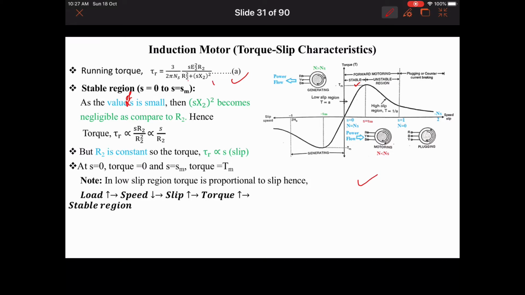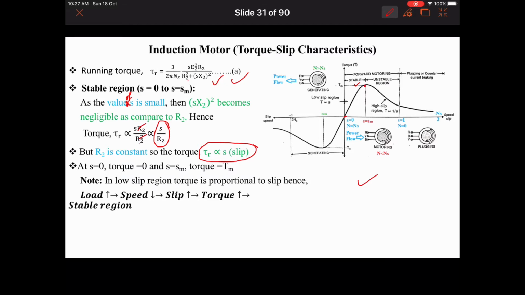Hence, from this equation, torque is proportional to s r2 divided by r2 square, or torque is proportional to s by r2, but r2 is constant, so the torque is proportional to the slip s in the stable region, as we can see during this time interval.